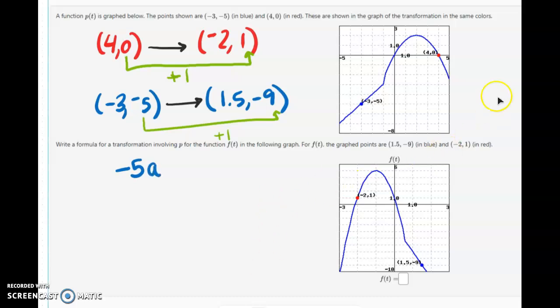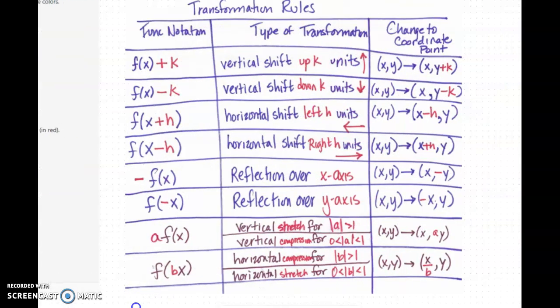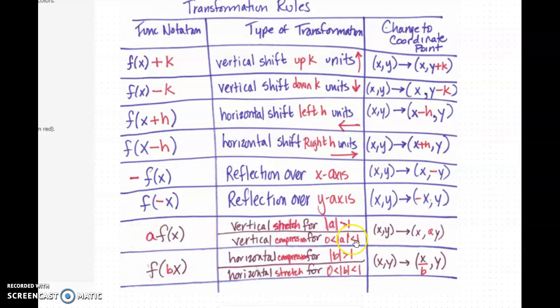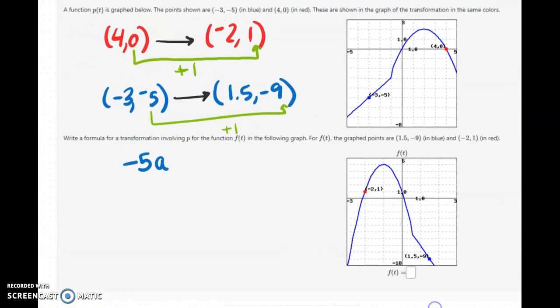I'm calling it a because on this chart, this was the only one that multiplies the y coordinate besides the reflection, but you can call it anything. So we're multiplying the -5 by something, and then adding 1. And that's how we're going to get to -9.